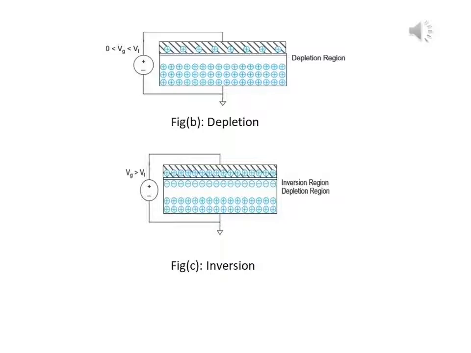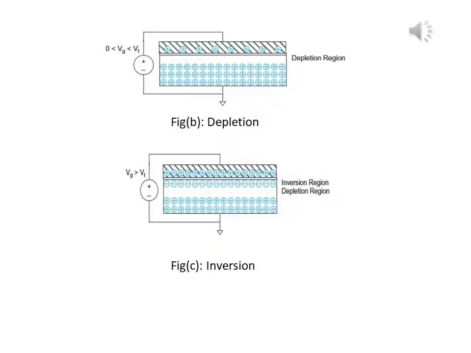In the next case, in figure C, we apply a still higher positive potential to the gate, exceeding a critical threshold voltage Vt. The gate voltage Vg is greater than Vt, as given in the figure, which means we are applying a higher positive potential that exceeds the critical threshold voltage.